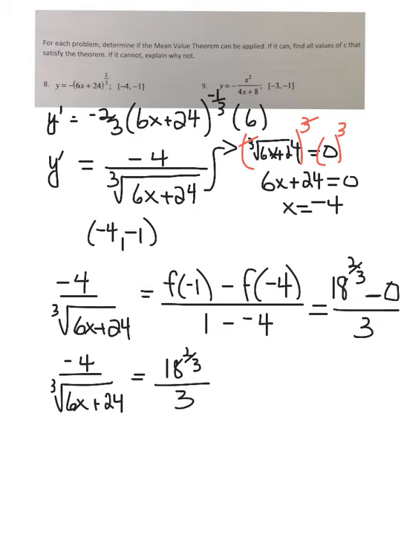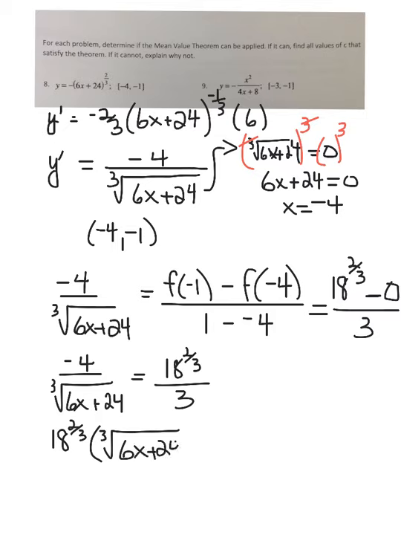I would cross multiply that. So as ugly as this is going to be, this is going to be 18 to the 2/3 power times the cube root of 6x plus 24.